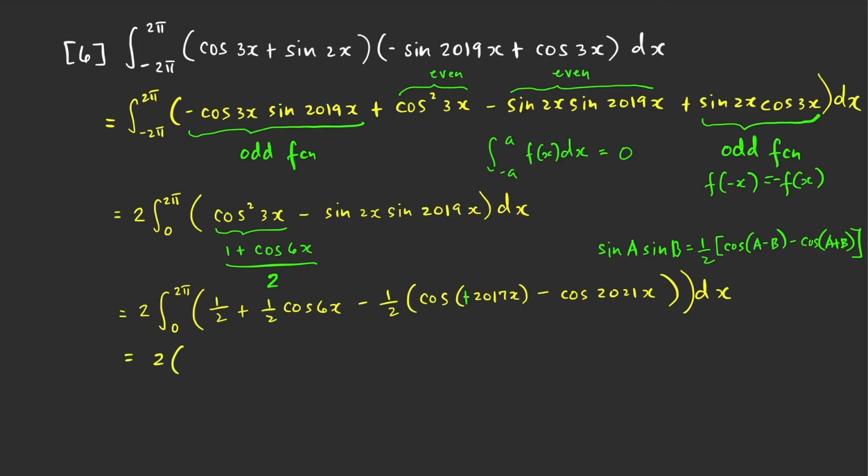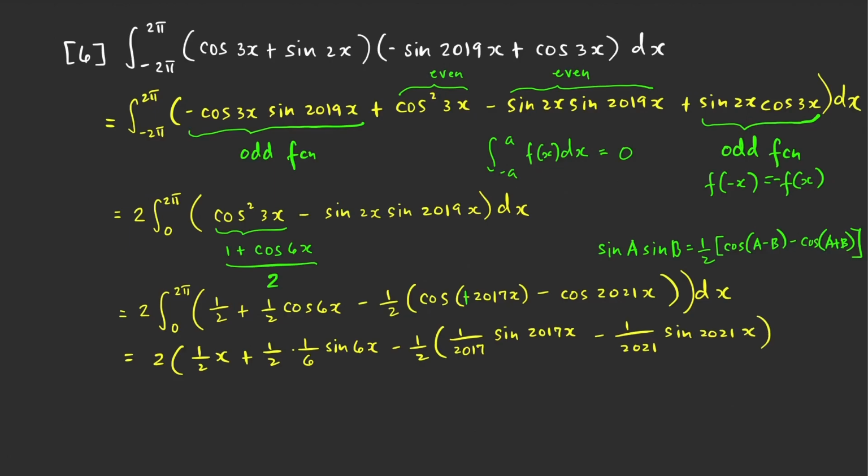So this is 2 times 1 half x, plus 1 half times the integral of cosine 6x, that is 1 over 6 sine of 6x, and then minus 1 half times the integral of cosine of 2017x, so you have 1 over 2017 times sine of 2017x, minus 1 over 2021 sine of 2021x. And then everything is evaluated from 0 to 2 pi.